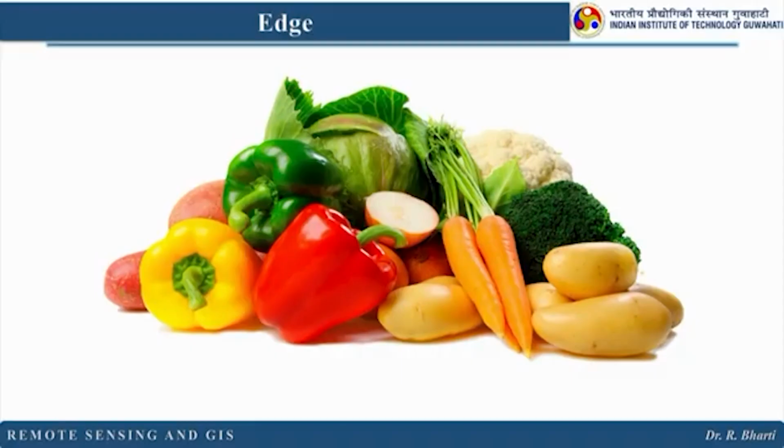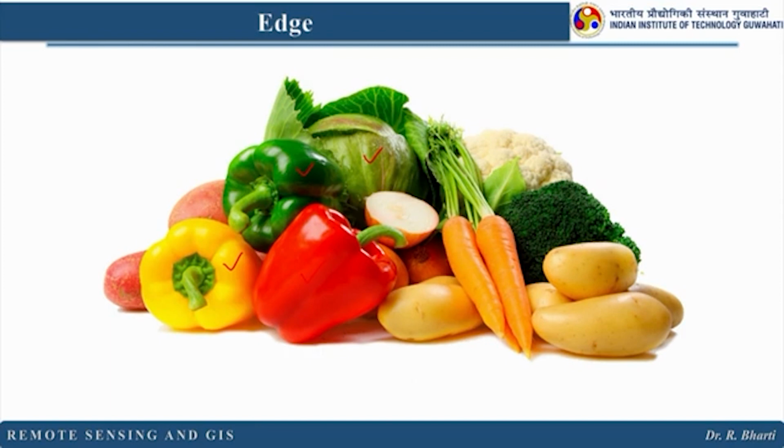So let us see some examples. Here I have put one very basic image, and we all are familiar with this, right? So here you can see different types of vegetables, with different color and texture. Can you see all these vegetables separately and can you identify them? It is very easy. Why? Because we are able to see these colors, and we are able to count them.